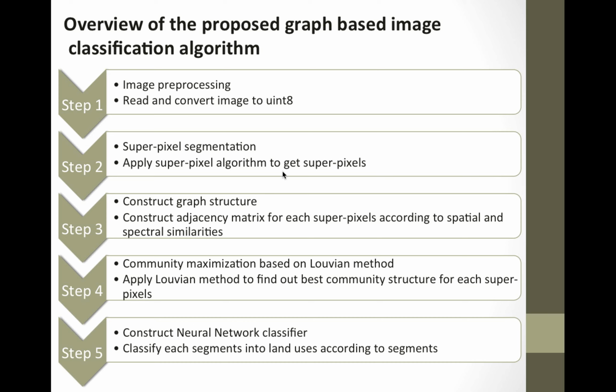The first step is image pre-processing. In the image pre-processing stage, first I choose 3 bands from the remote sensing images, bands 5, 4, 3, because these 3 bands can better reflect the true color of the landscapes.